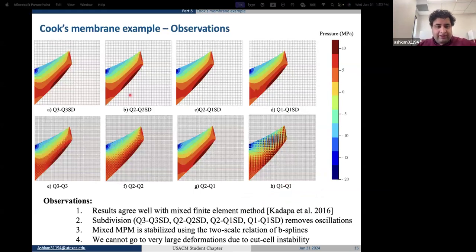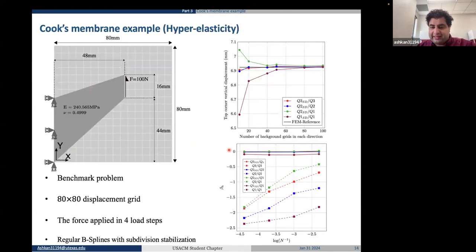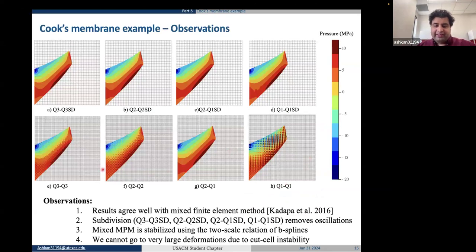Okay. All subdivision elements, meaning those which have the pressure spacing twice the spacing of the displacement one, show smooth pressure and pass the inf-sup test here. But all others don't pass the test and they have some oscillations. These results agree well with the previous studies in the literature.